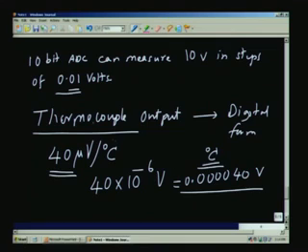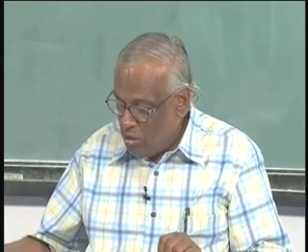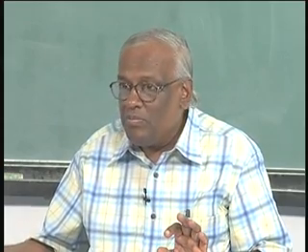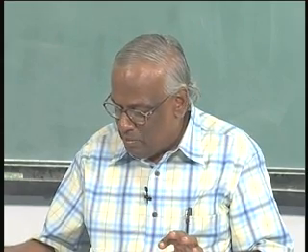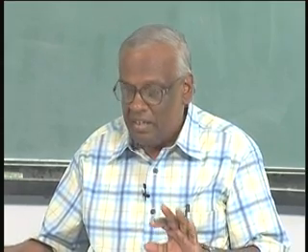Here we are talking about 0.01 volts, we require 10 bits. You can see that when you require this, you require many more bits than what can be got here. So, that is why modern instruments which use digital data processing use a very large number of bits.